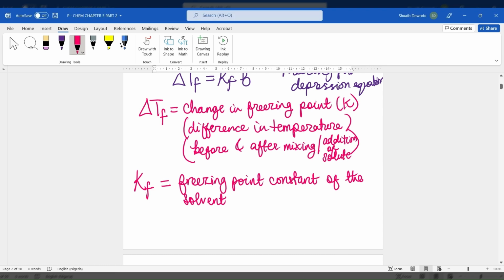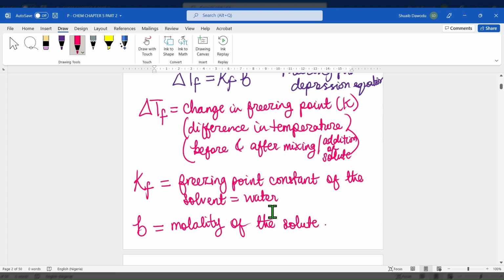Every single liquid will have its own freezing point constant. In this case, of course, our solvent is water. And if you look at the back of the textbook, the resource section, you're going to see that we have the freezing point constant for water. And then, of course, B is simply just the molality. Molality of the solute.